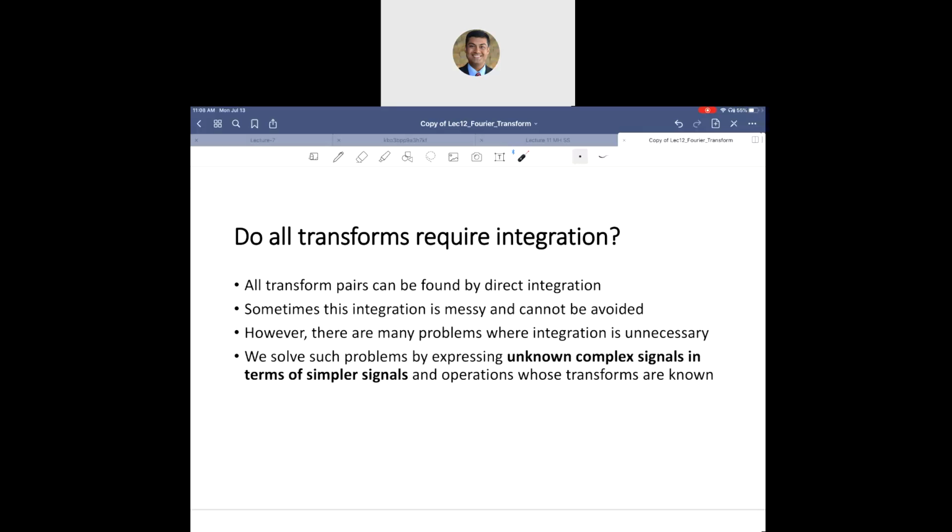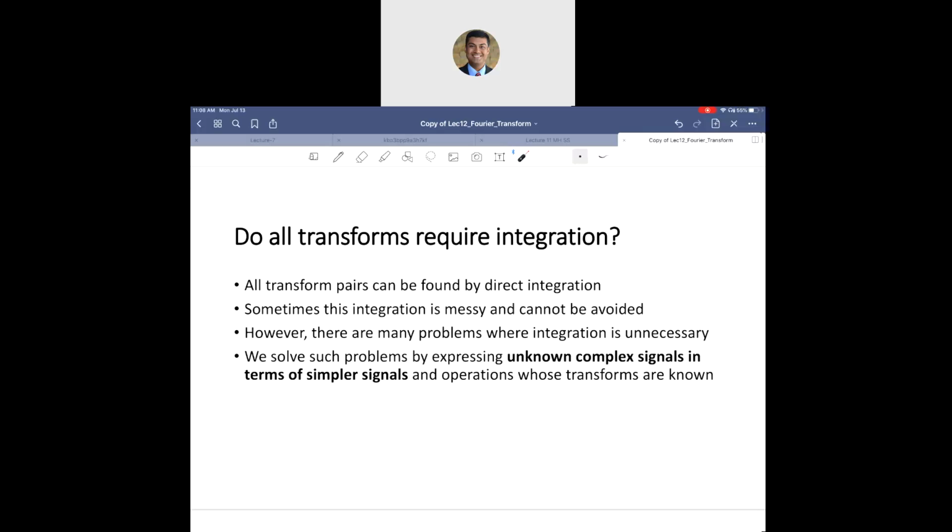Then instead of applying direct integration on a triangle, you can do this without much integration by using the known Fourier transform of a rectangle and the time derivative property, which we will see later on for the Fourier transform.